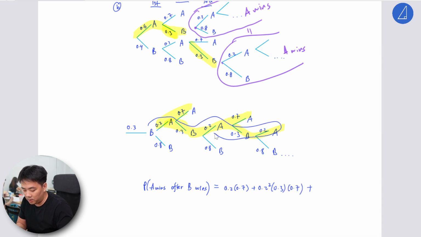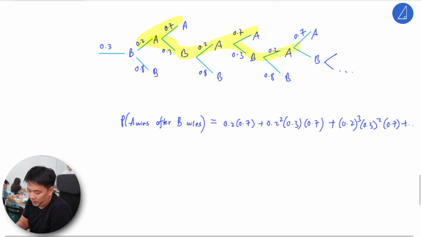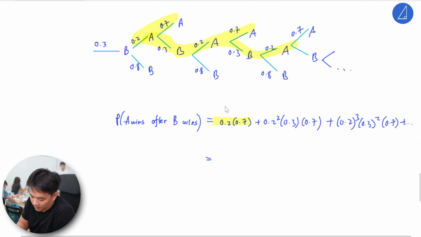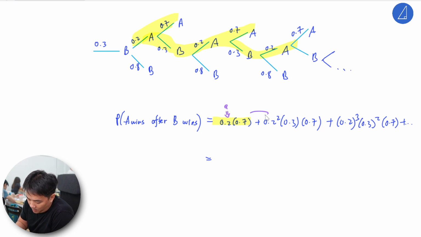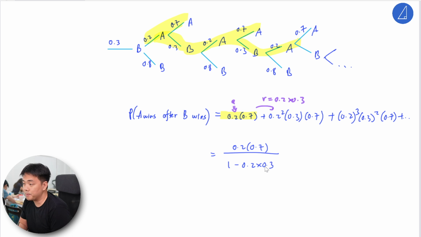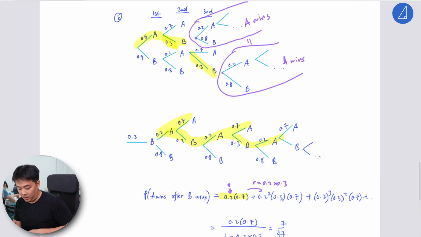This branch here. So this is what we get. You realize this is a GP. The first term is this guy, and this is a. Then the r will be 0.2 multiplied by 0.3. So that will be our GP there. It's a, 0.2 multiplied by 0.7, over 1 minus 0.2 multiplied by 0.3. So the probability A wins after B wins will be 7 over 47.